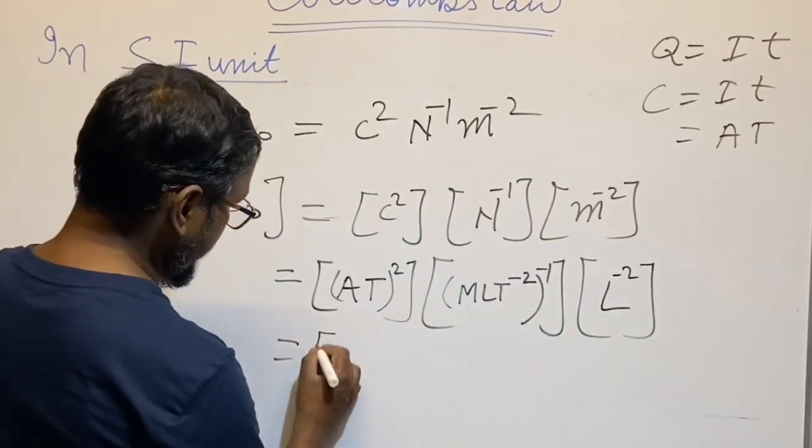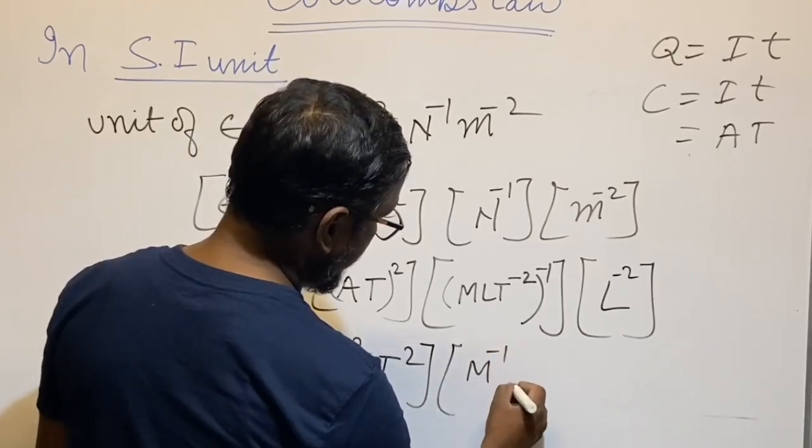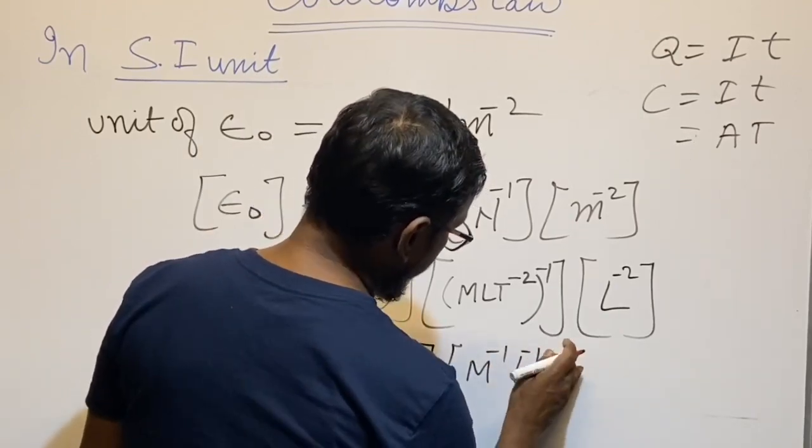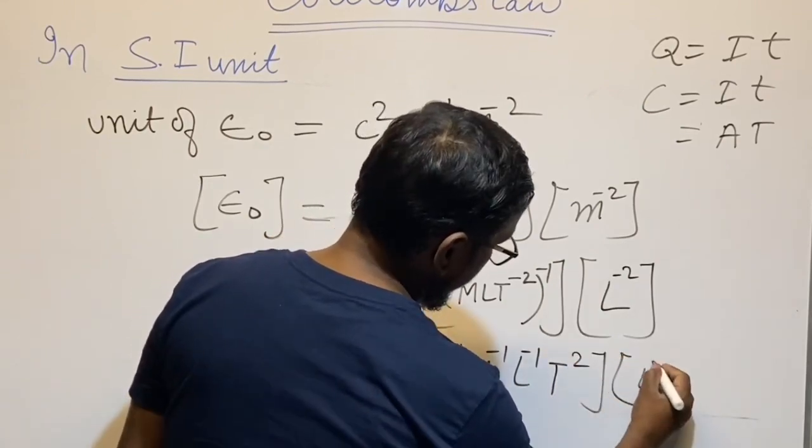So its dimension becomes A square T square M minus 1 L minus 1 T 2, and here L minus 2.